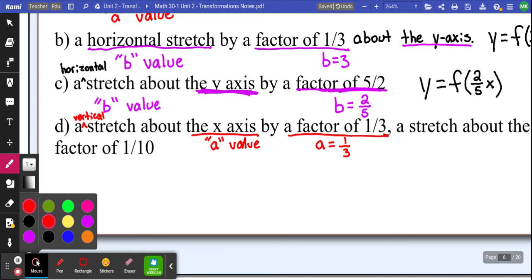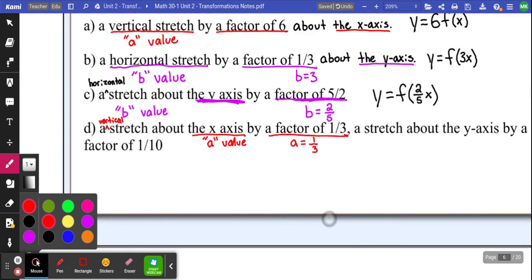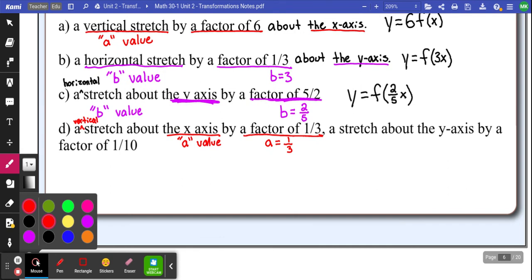And there's another stretch. A stretch about the y-axis. So if I think about it, I have my y-axis, and I'm getting away from the y-axis. That means I'm going horizontally. I'm stretching side to side. This is a horizontal stretch about the y-axis by a factor of 1/10. Because it's horizontal, that means we're talking about our B value.